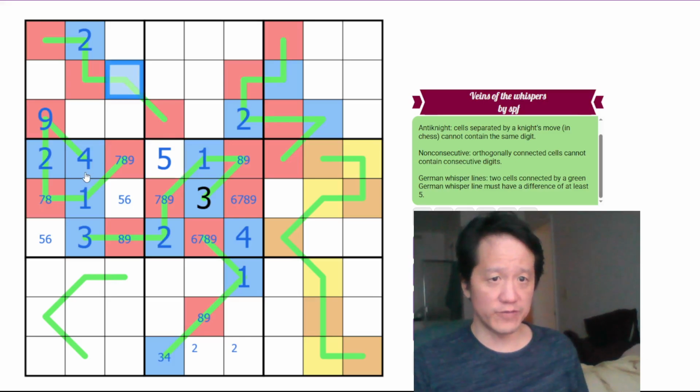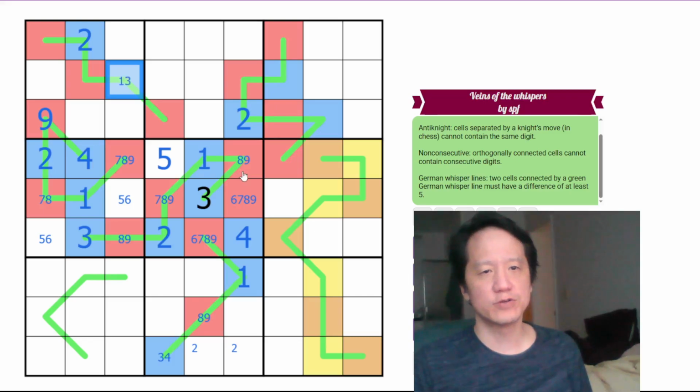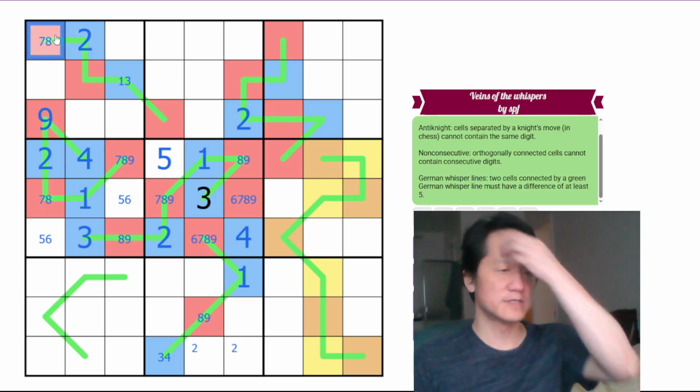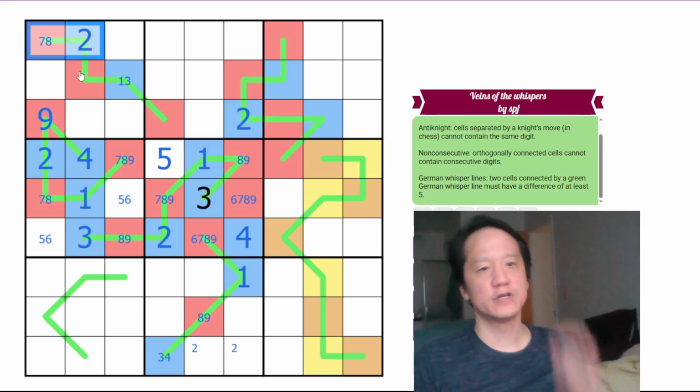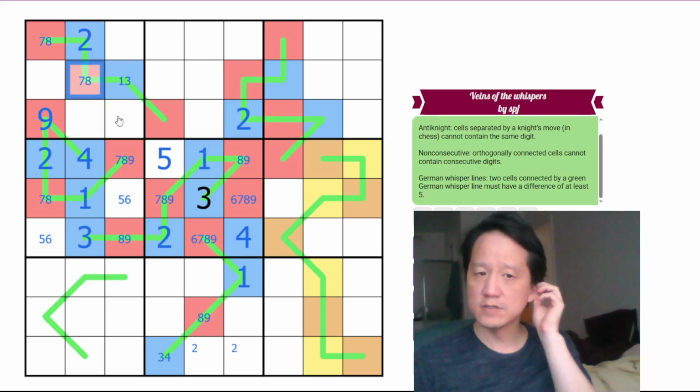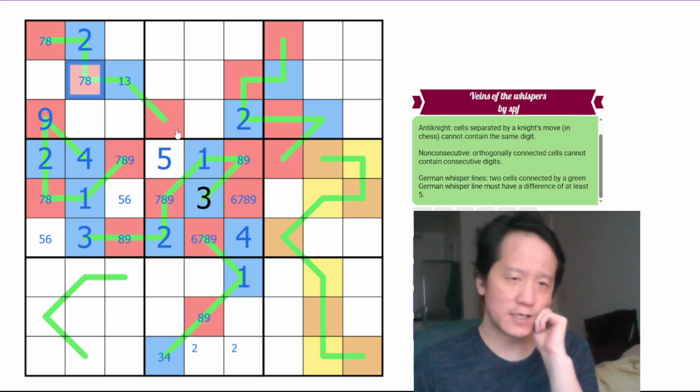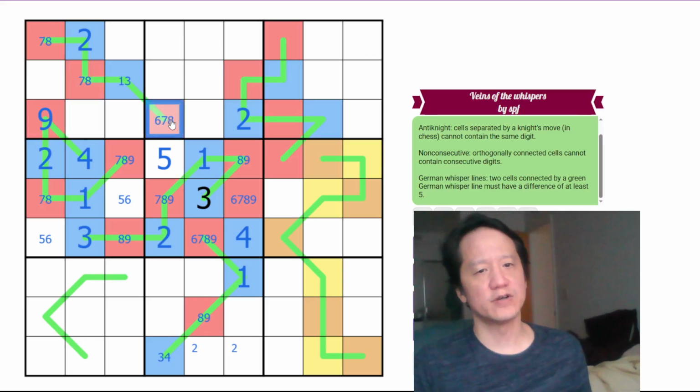Well, this can't be 4 because of anti-knight, so this must be either 1 or 3 here. This has to be 7 or 8 because it can't be 9. And 2 can only be next to 7, 8, and 9 on a German whisper line. This is also 7 or 8. That leaves this as 6, 7, or 8 here.